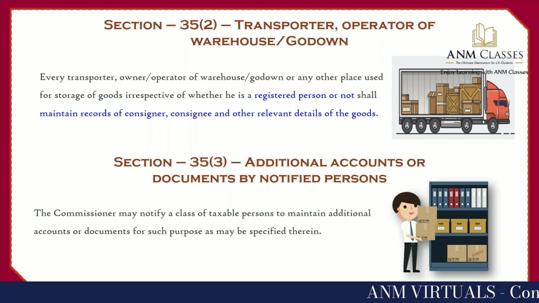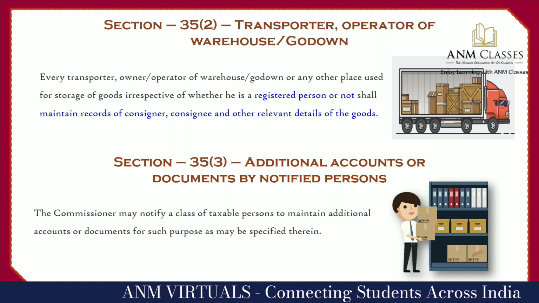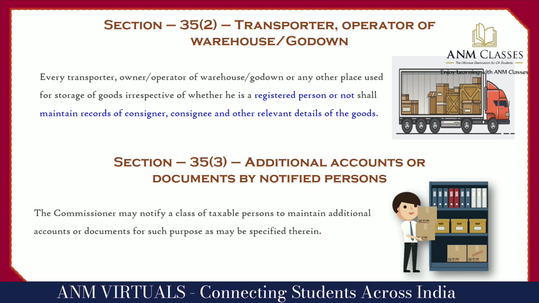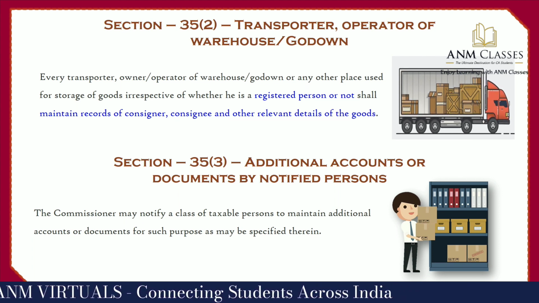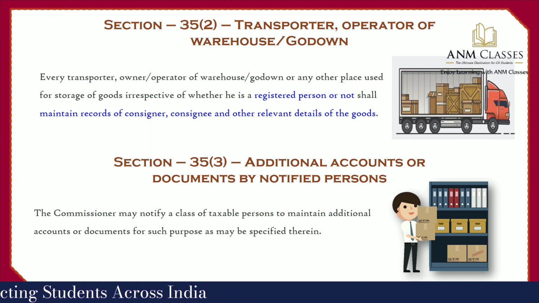Sir, section 35 subsection 2 casts a responsibility on the transporter, owner or operator of the warehouse or any other place where goods are stored. Those people are compulsorily liable to maintain details relating to the consignor, consignee and the goods. Yes or no?